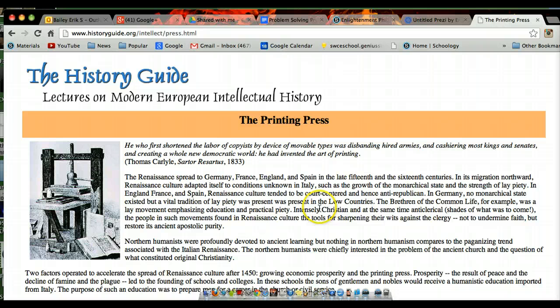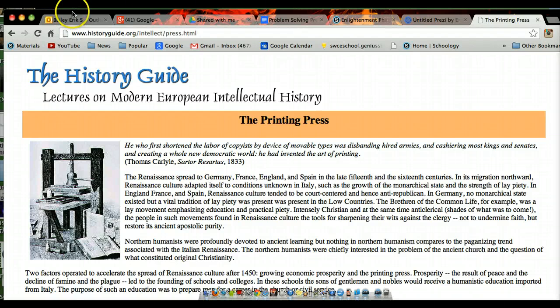The printing press was invented in 1450 by Gutenberg, and prior to the printing press, information was not as readily available to everyone in society. It was almost something that was reserved just for the rich, because most people couldn't read, because books were so hard to come by.